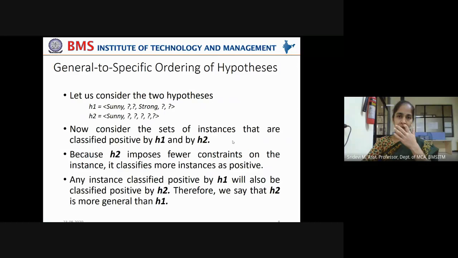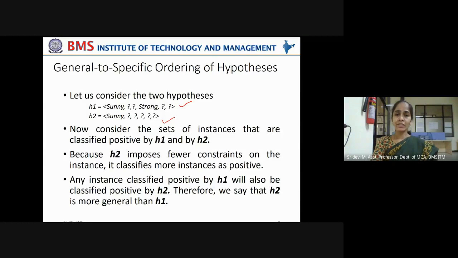Now let us consider the two hypotheses here, H1 and H2. Listen carefully from here. These are the stepping stones to understand your upcoming algorithm, that is the FIND-S algorithm. So listen to all these steps carefully. Let us consider two hypotheses, very simple if you listen carefully.